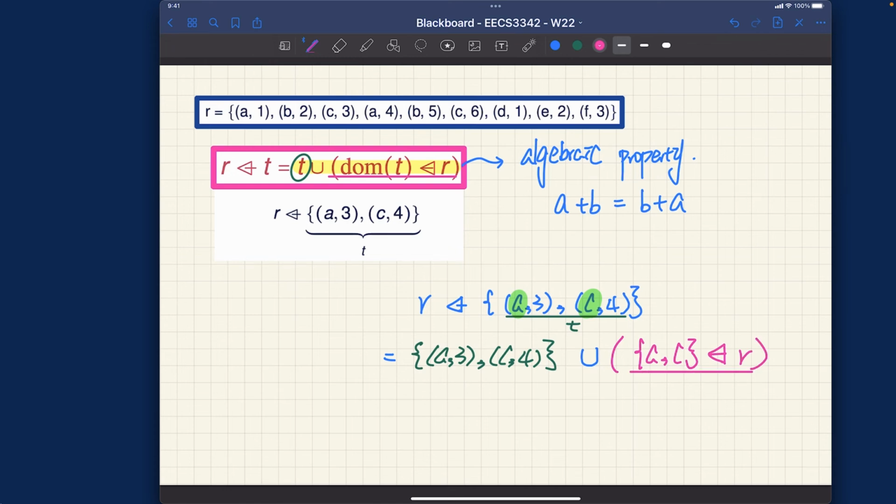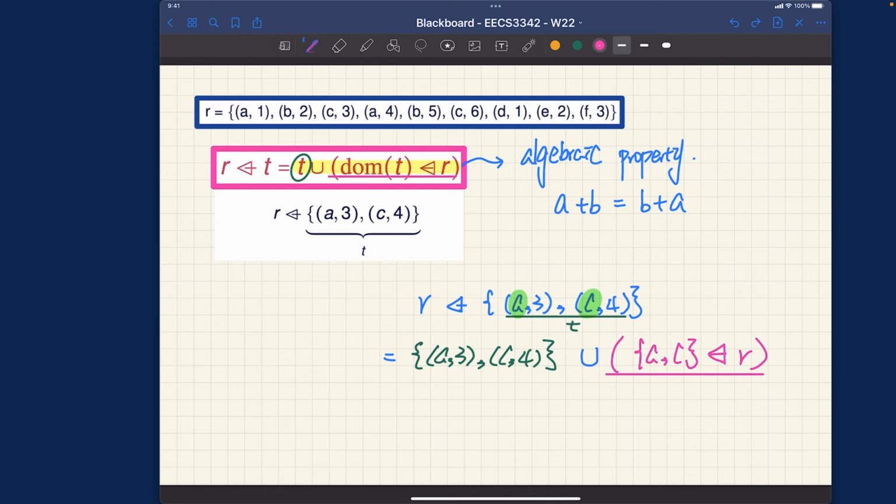So for this part here, we're going to come up with another relation, except that all the ordered pairs that involve A and C as the first element, the domain value, are not going to be collected in the resulting relation. More precisely, which pairs should we get rid of? Well, let's take a look.